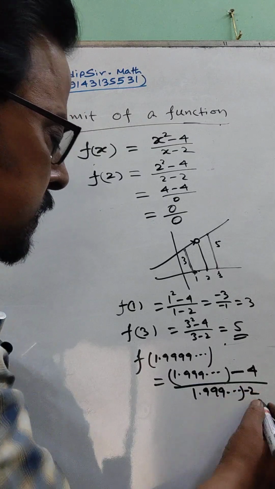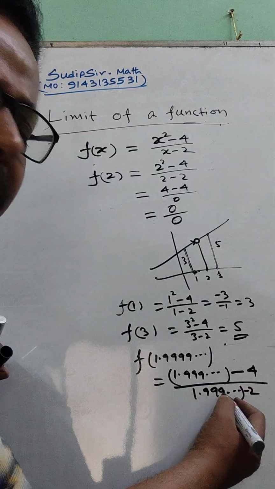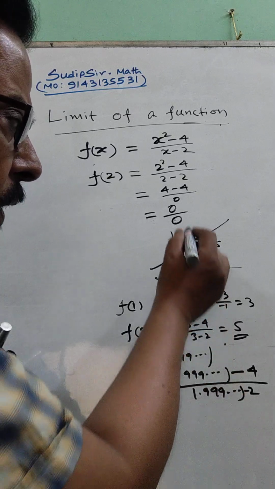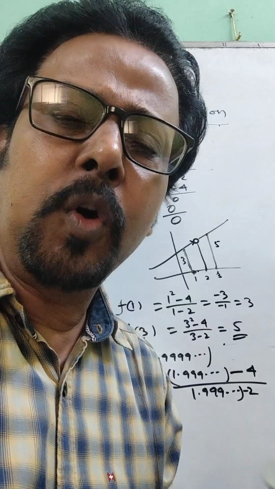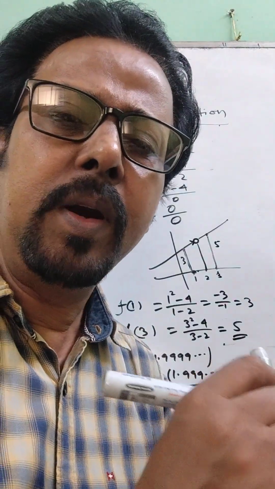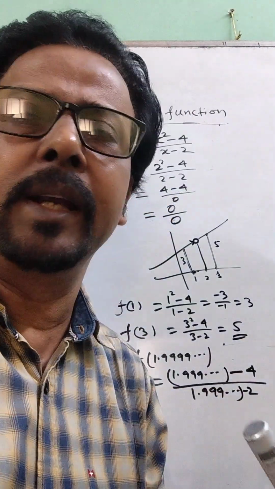So this will not be 0, it tends to 0 but is not 0. So that value will be the approaching value or limiting value, not the exact value.